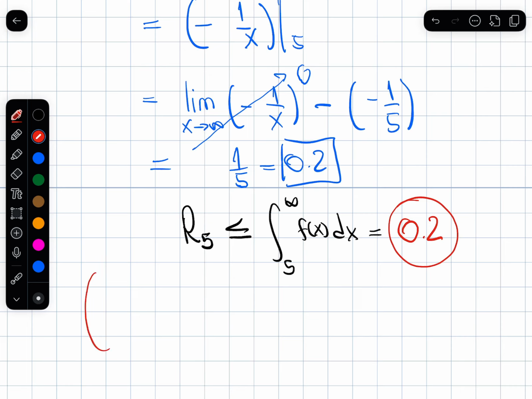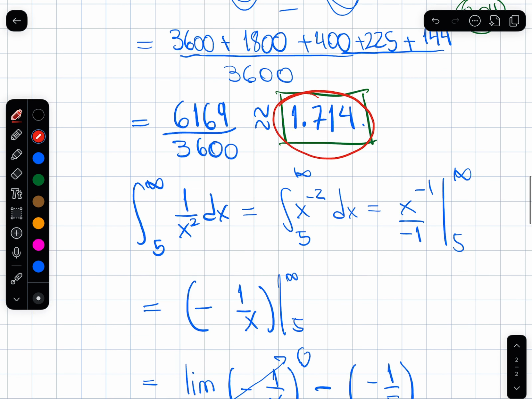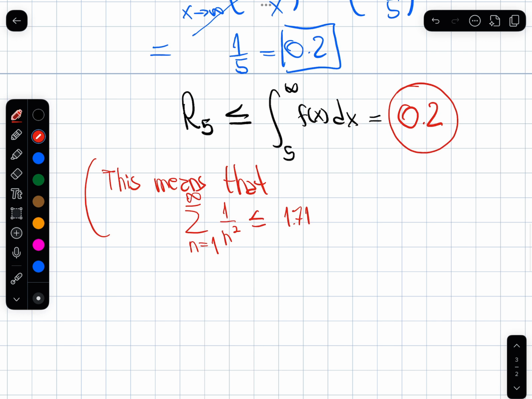So this means that my sum, 1 to infinity of 1 over n squared, is less than this number that I've calculated, 1.714 plus 0.2. So it could be at most, approximation here, 1.914.